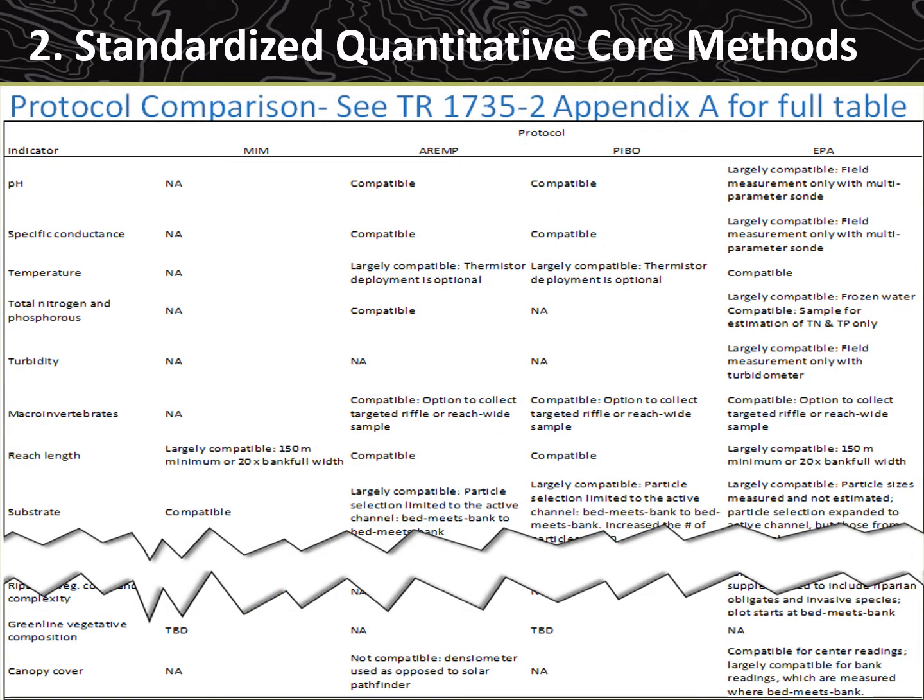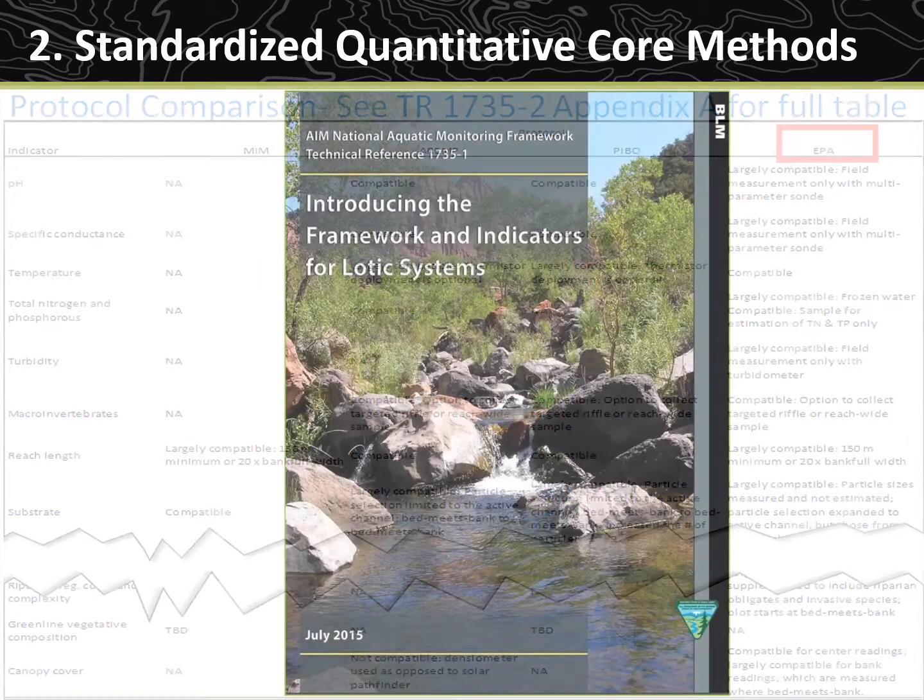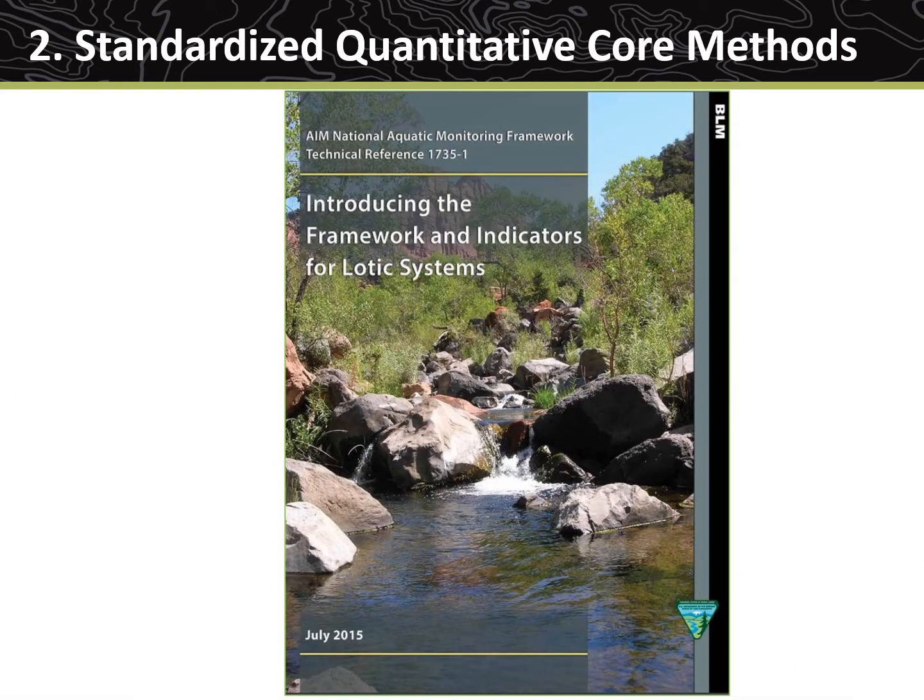Additionally, field methods were selected to maximize compatibility with existing monitoring programs managed by the BLM and other agencies. This table details the protocol's compatibility to other Lotic sampling protocols, such as MIM, AREMP, PIBO, and EPA. More information on indicator selection can be found in Technical Reference 1735-1.